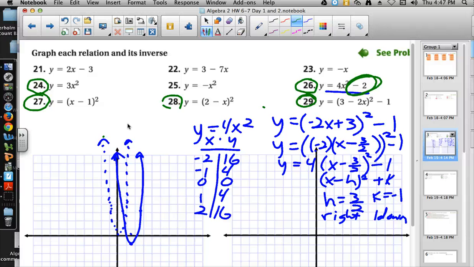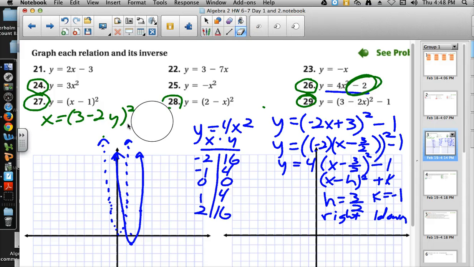And now what I need is the inverse function. So I'm going to go ahead and switch the x and the y. And then, whoops, I'll put an equals there instead of just my subtraction. I'm going to move the 1 over.